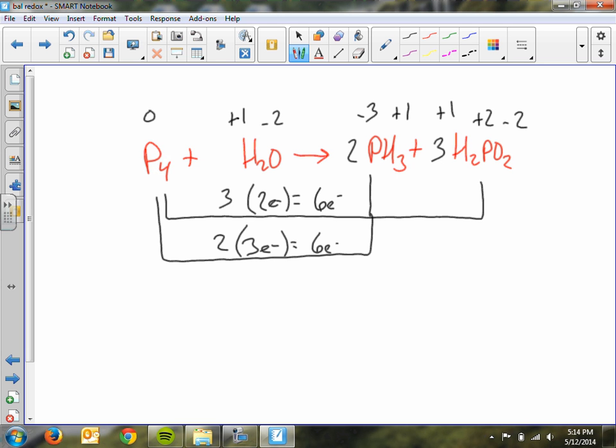Well, what do I do with my phosphorus on the left? I can't have 5 on the left when there's a 4 there. The lowest common multiple between a 5 and a 4 is 20. So if I put 5 here, that just means I've got 20 phosphorus on the left. I need to get 20 phosphorus on the right. Well, how can I do that?